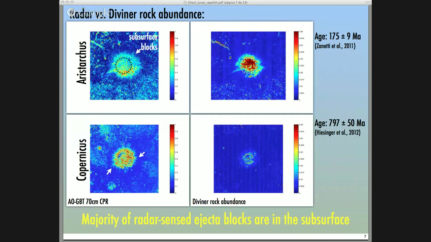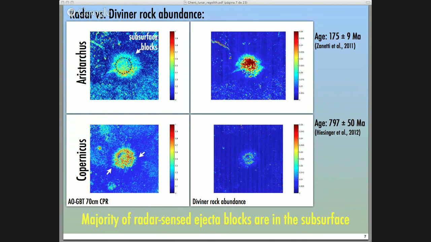On the right, you've got the Diviner rock abundance. And so the first thing you notice is they don't match up. So in this case, the interior of this crater tends to be very rocky, whereas the distribution of subsurface rocks from the radar data is much more uniform over the interior and the ejecta region of the impact.